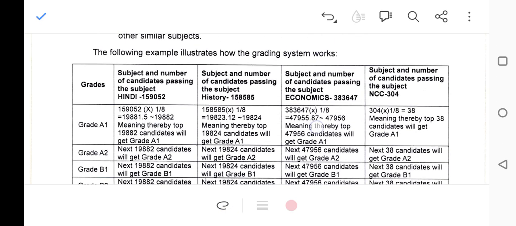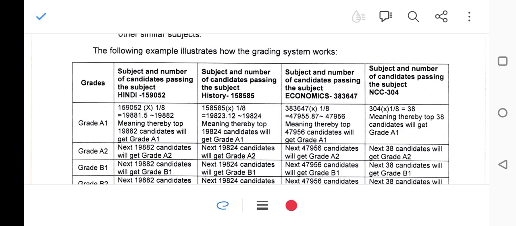So here is the grading system. You can clearly understand. Here is the table that gives the matrix of grades: grade A1, grade A2, grade B1, grade B2.